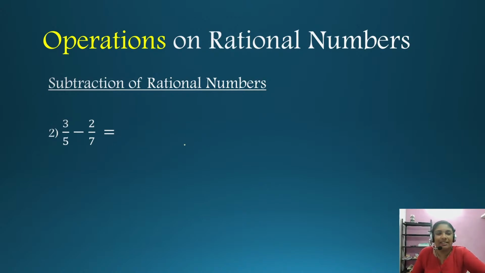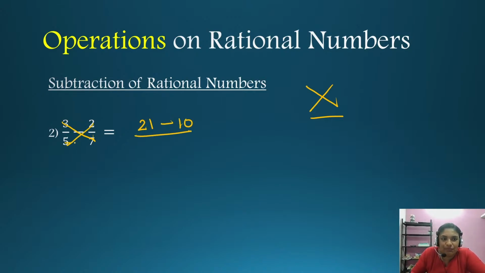Let's see another question. 3 by 5 minus 2 by 7. Again, different denominators, right? So how will you do? The same method, cross multiplication. 3 into 7, 21. Then the middle operation minus, 2 fives are 10. And in the denominator, 5 sevens are 35.